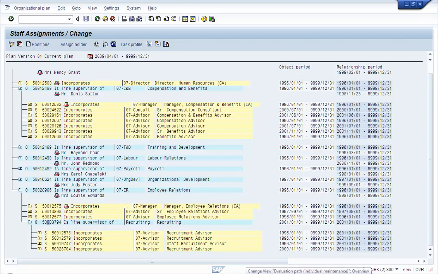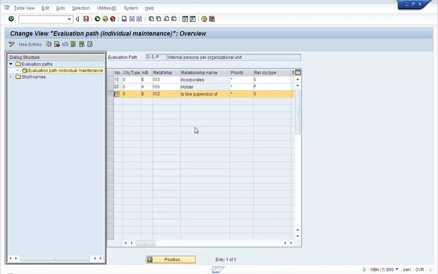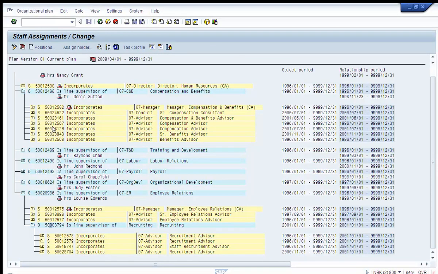So a combination of start object and the evaluation path returns a specific number of objects from the existing org structure. This exact combination, that is the set of objects returned by this combination, represents a user's structure profile.